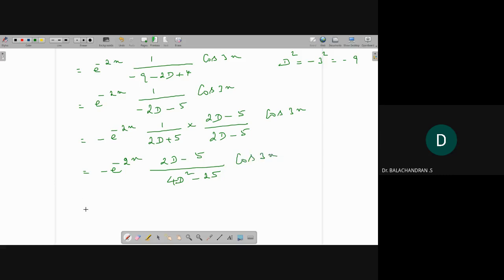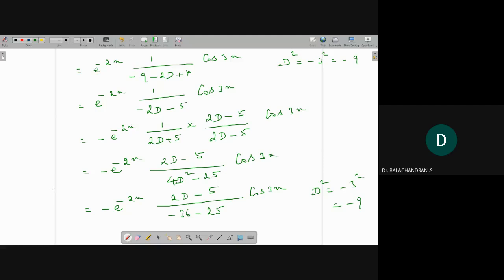So this is equal to minus e power minus 2x into 2D minus 5. In the denominator, you can replace D square by minus 3 square, that is minus 9. So 4 into minus 9 is minus 36, minus 25, cos 3x.